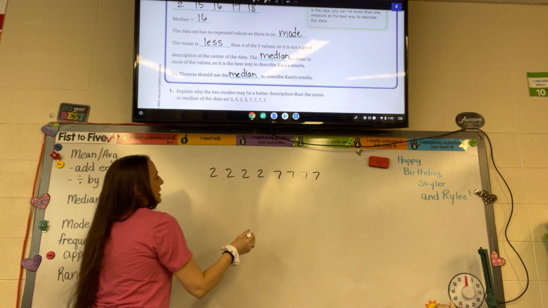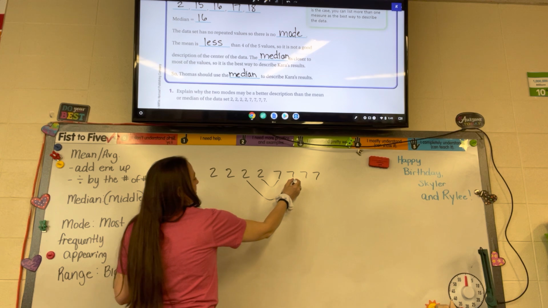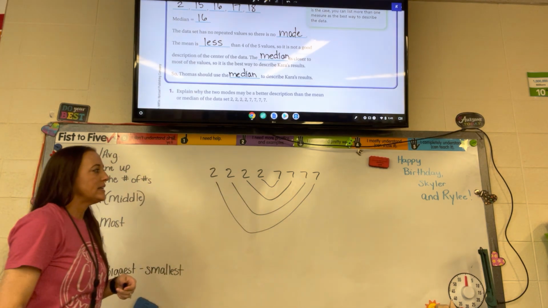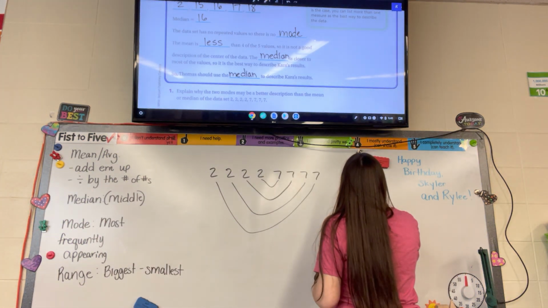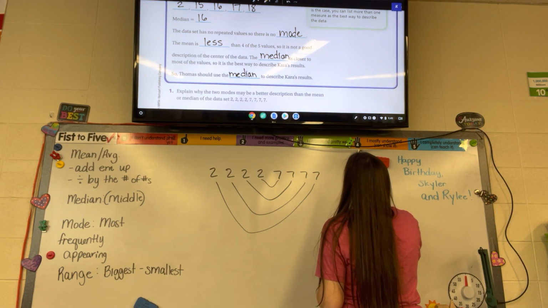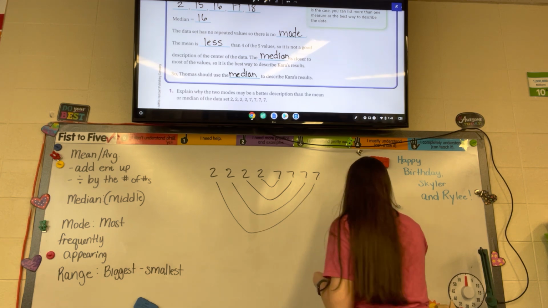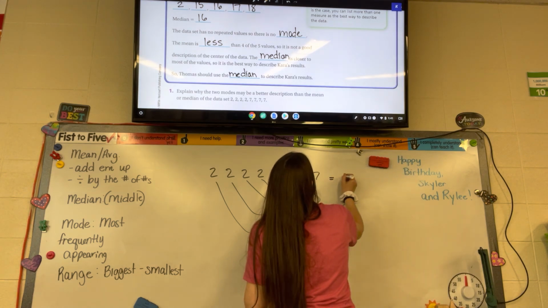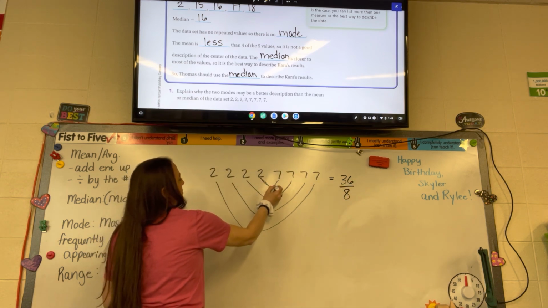So if we add those up, 2 plus 7 is 9, and there are four of those. 9 times 4 is 36. Sorry, I was multiplying, but I should have added.